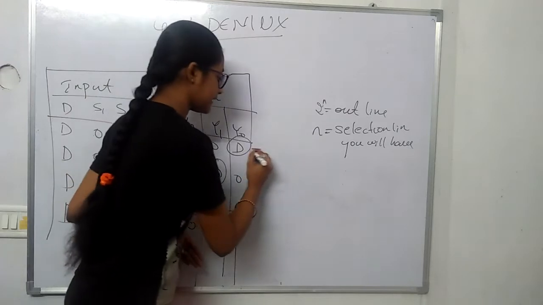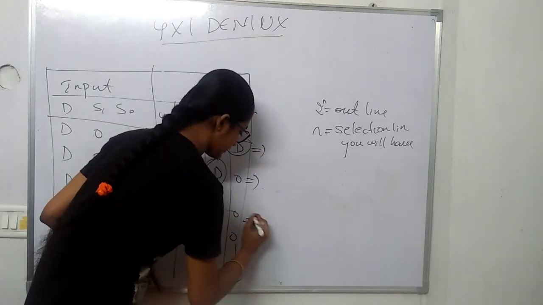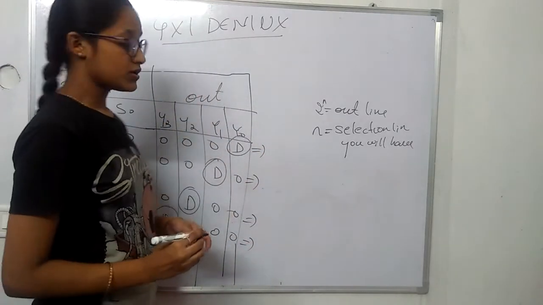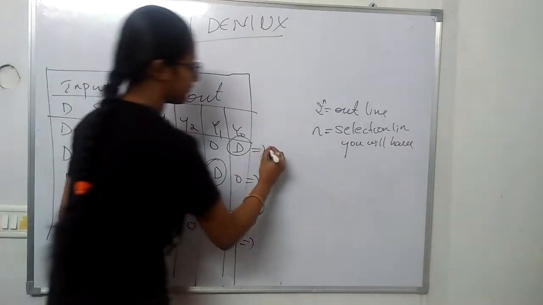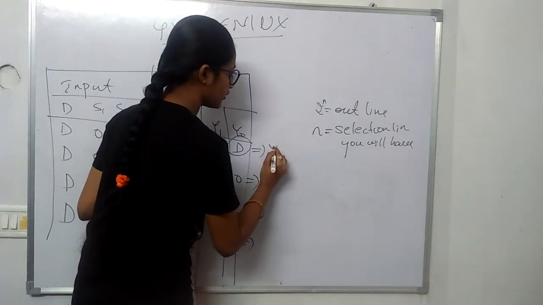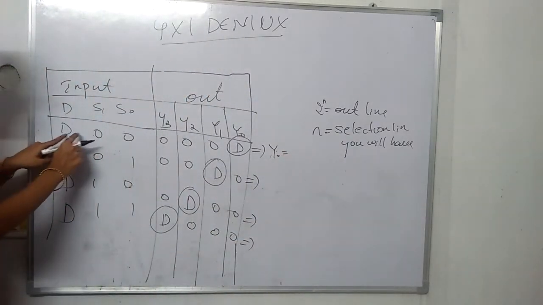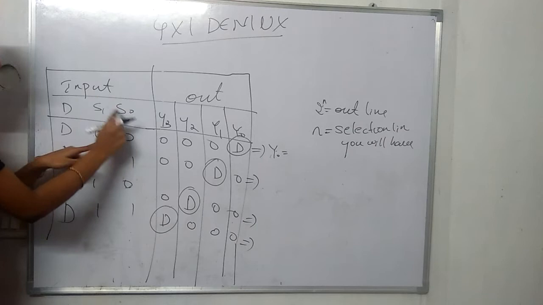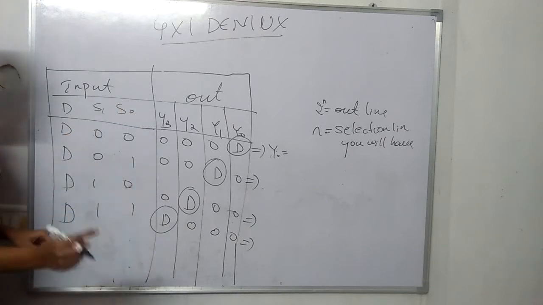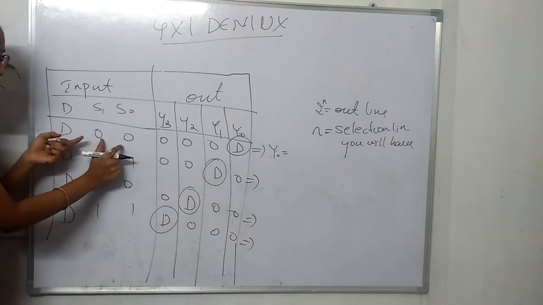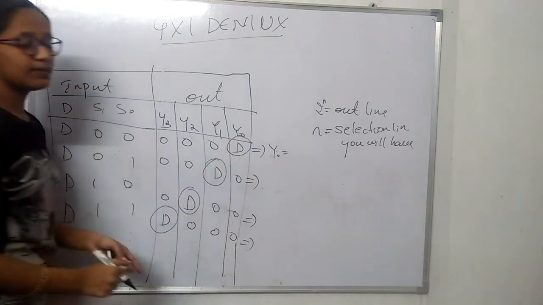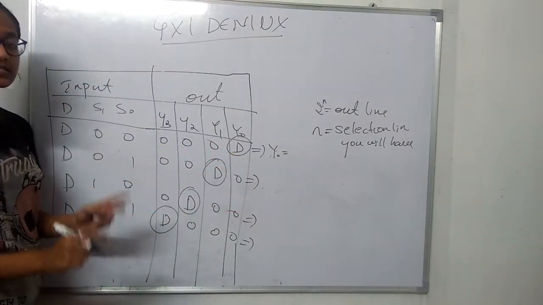Then how will we get the equation for each? For the output Y0, you will get the equation D into S1 bar and S0 bar. As you have 0, 0, if you multiply with the 0, you will get the output as 0.